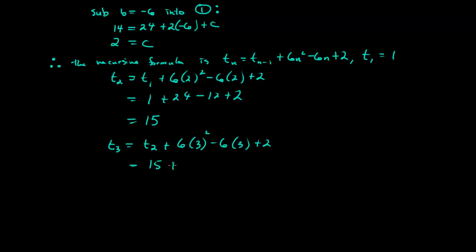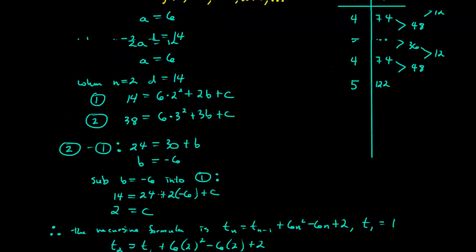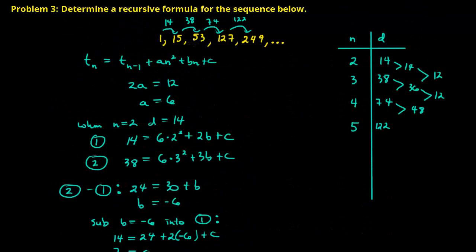So we've got 15 plus 6 times 9. 6 times 9 is 54, minus 18 plus 2. 15 minus 18 is negative 3. Negative 3 plus 2 is minus 1, so it'll just be 54 minus 1, which is 53. And we've seen that this matches our third term.